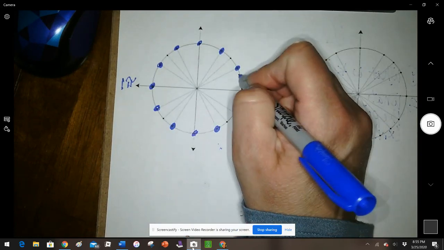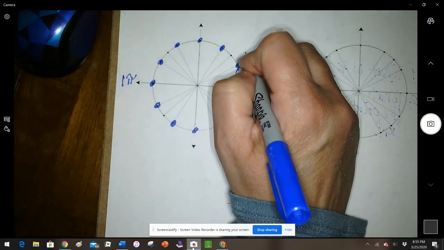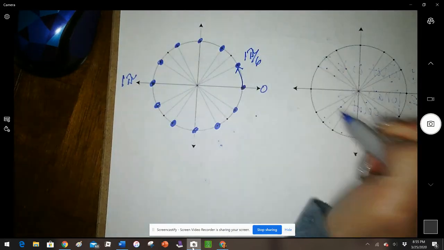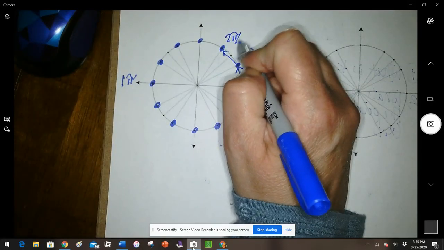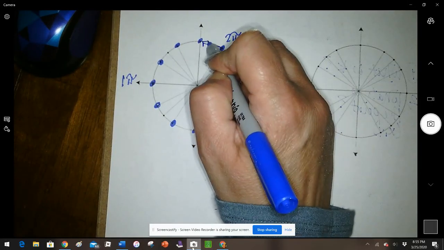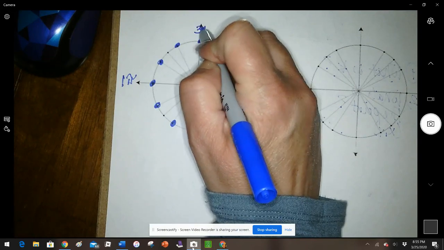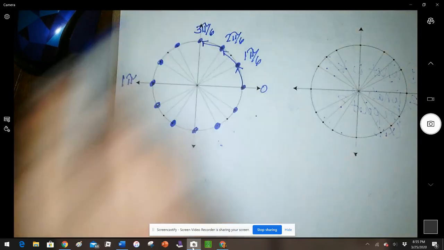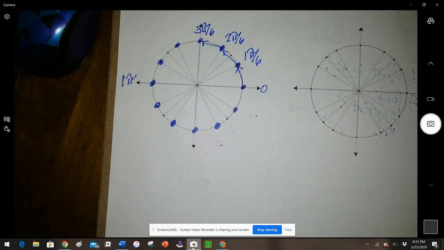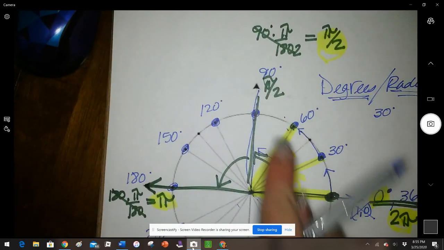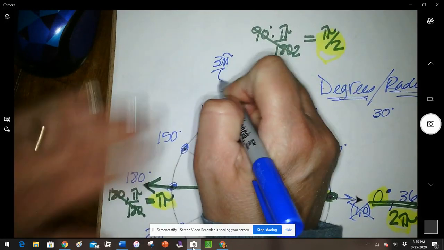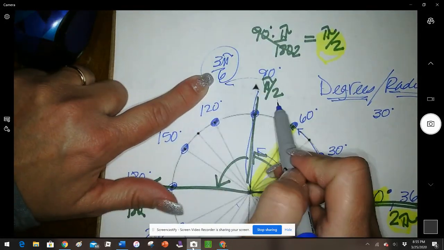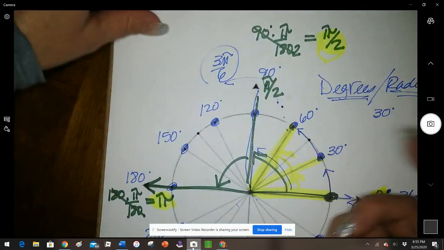So if I start counting up, this is 1 pi over 6. The next one is going to be 2 pi over 6. The next one will be 3 pi over 6, which, by the way, on our last unit circle, we got 3 pi over 6, and that reduces to pi over 2, okay?